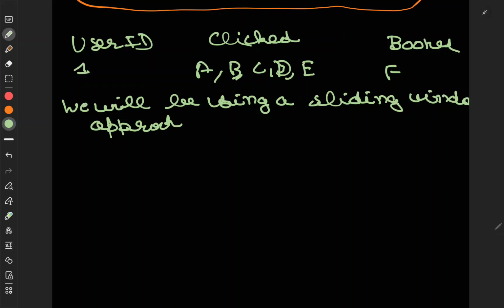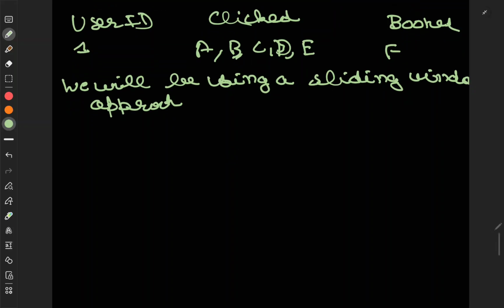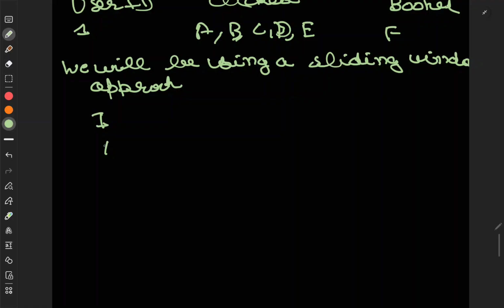Now for every particular sample that the user clicked on, let's say the sliding window size is 1. What does that mean? Let's start from B. If the user is seeing B, then we can show him A or we can show him C, right?